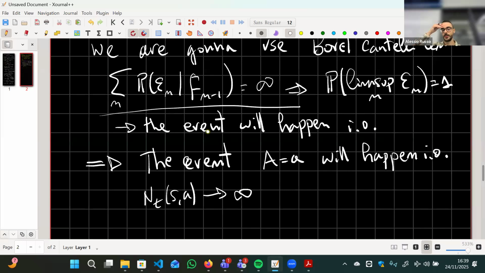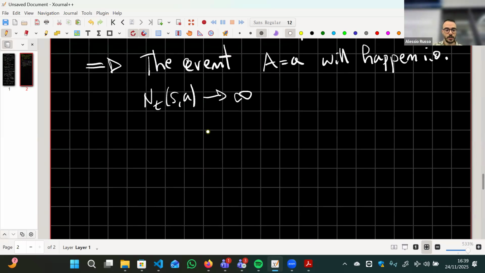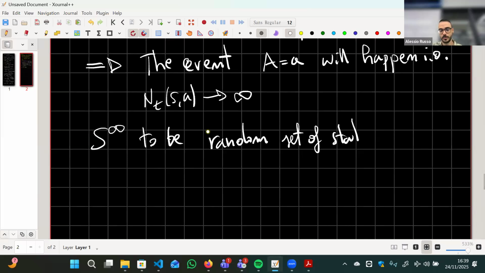But now the issue is that you want to guarantee that this will happen in any state action, not just in that state. So what we are going to do now is define S_infinity to be the random set of states that are visited infinitely often.